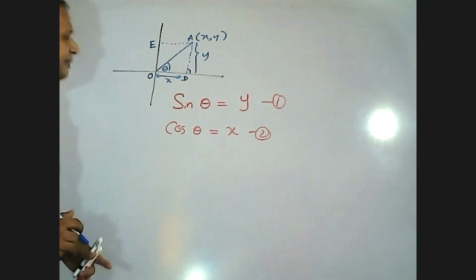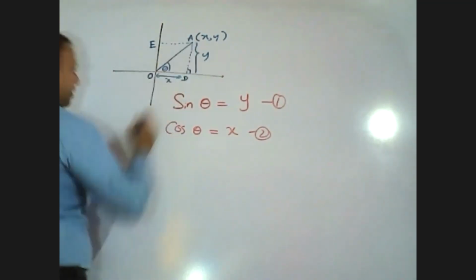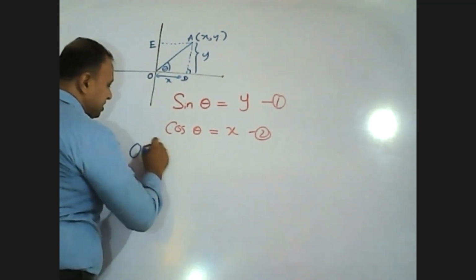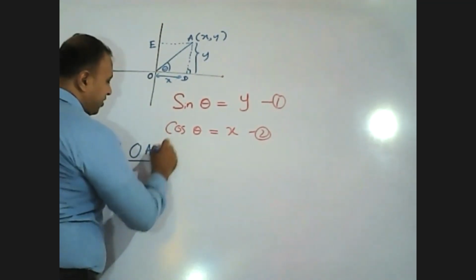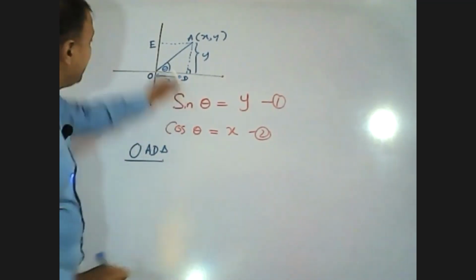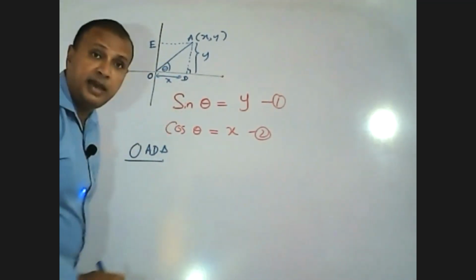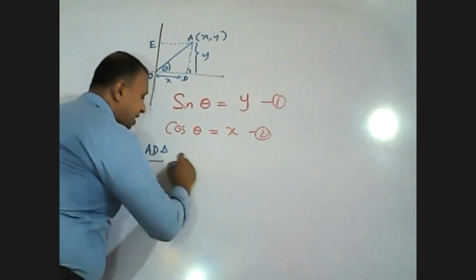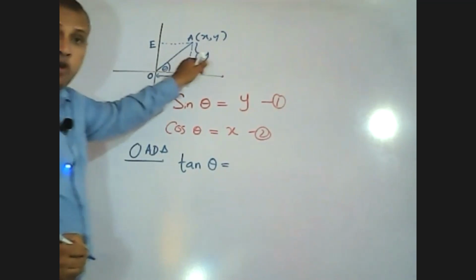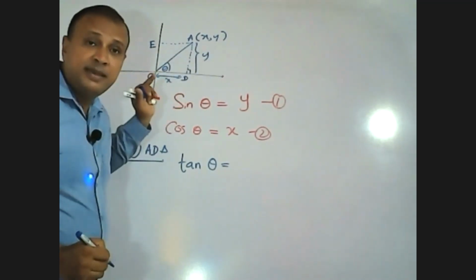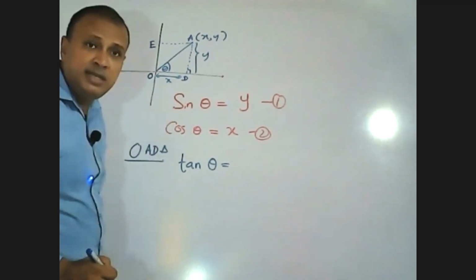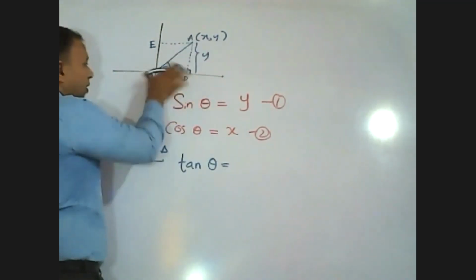Then, look at this. According to triangle OAD, I can write an expression for tan theta. Tan theta is equal to opposite side over adjacent side. That means AD over OD.